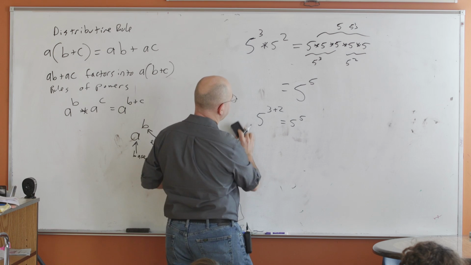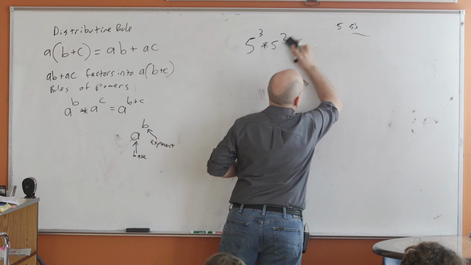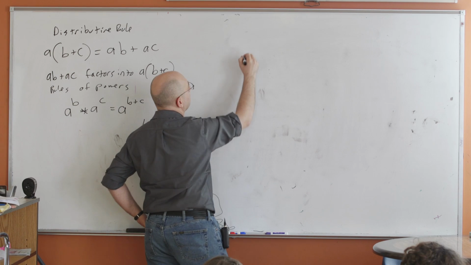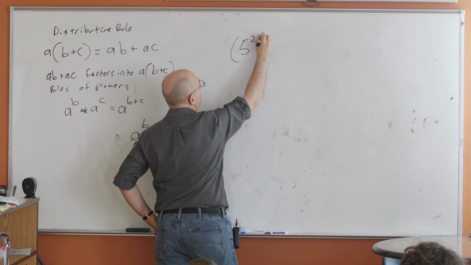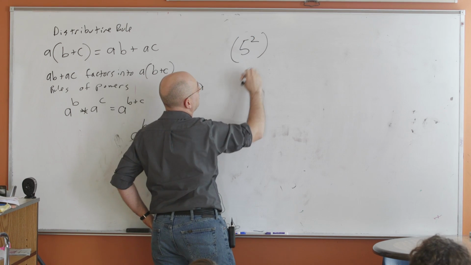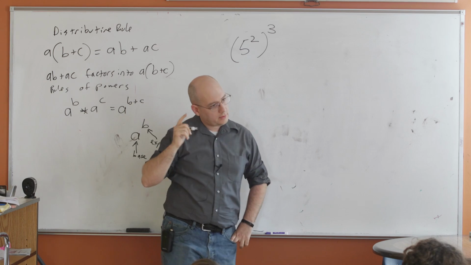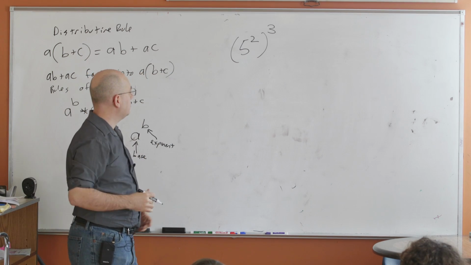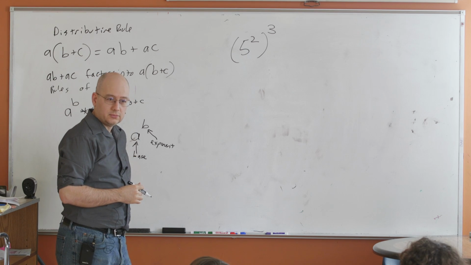Now, another thing one can do is, so I've got something raised, say, to the second power, 5 squared, and now I raise that to the third power. How does that factor into things? How many 5s do I have in total?